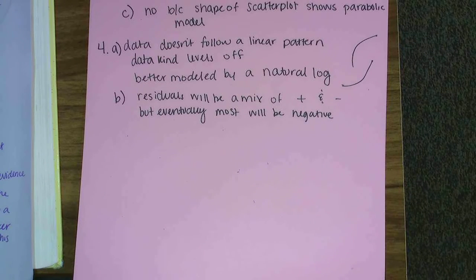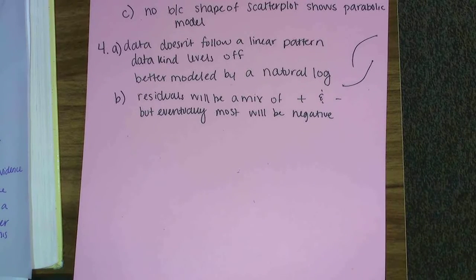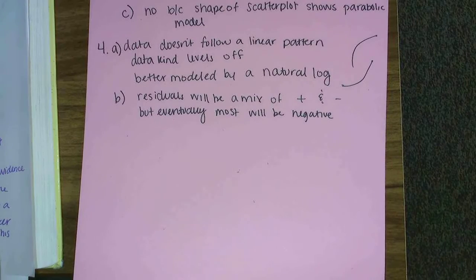You're going to have some values that are well below, some that are well above, some that are a good mix. Eventually, in this case, you're going to end up with all of them being negative. Yeah, negative's an overestimate. Yeah, ultimately, it would be an overestimate.